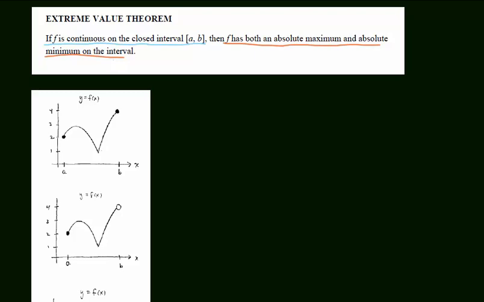Let's take a look at the first diagram. In this case, f is continuous on the interval a to b. Check. So that tells us that the extreme value theorem applies.